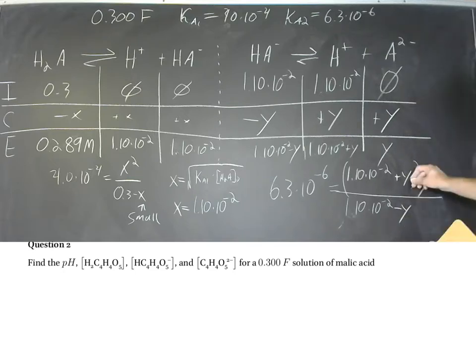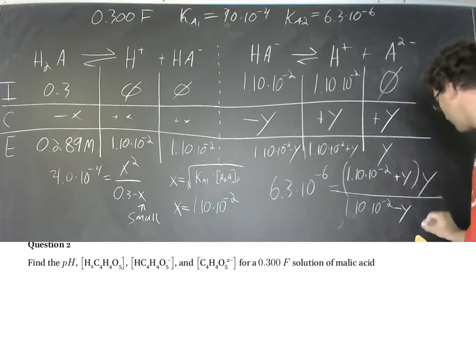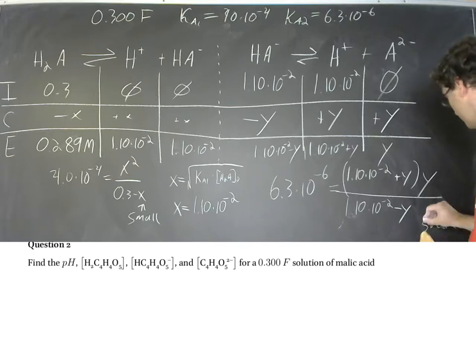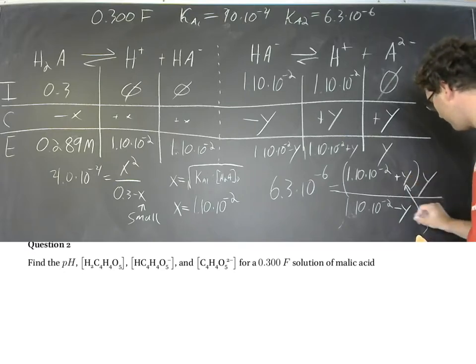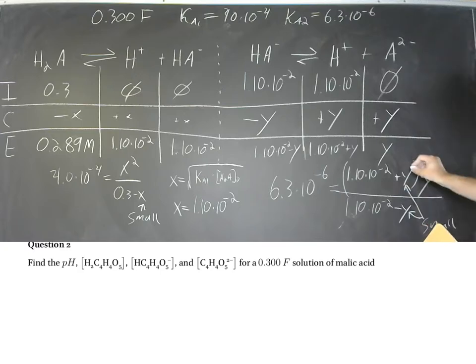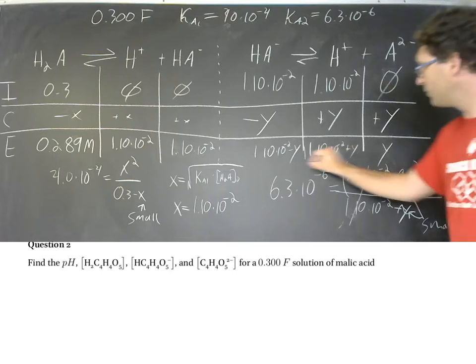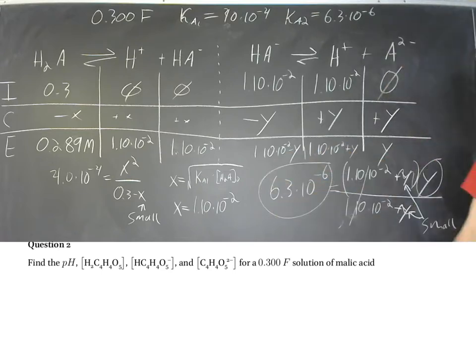Now if we assume y is small, it's going to be small in both of these cases, and so these y's will be ignored. And now these 1.10 times 10 to the negative second will cancel out, and what we end up with is y equal to the value of Ka2.